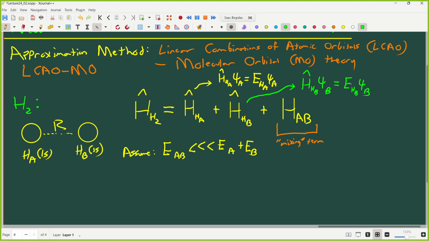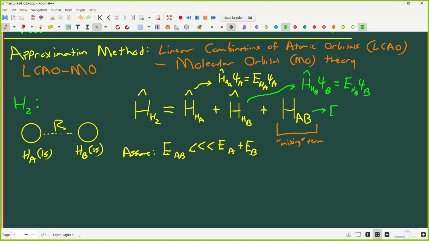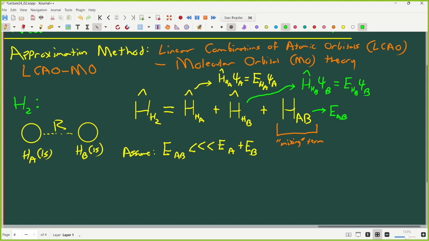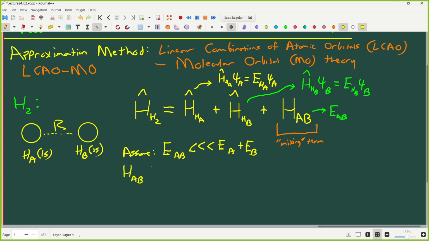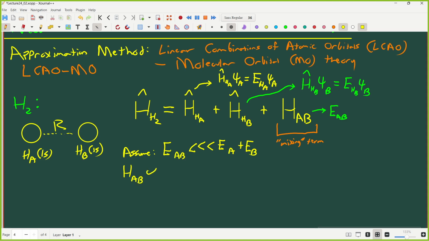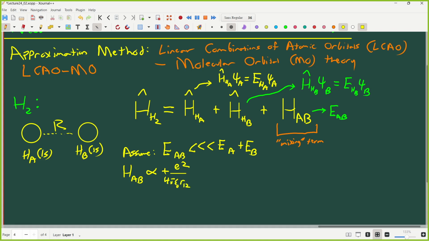And then we have this small mixing term that we add, and this gives us EAB. The Hamiltonian for this EAB is proportional to plus e squared over 4 pi epsilon naught R12.